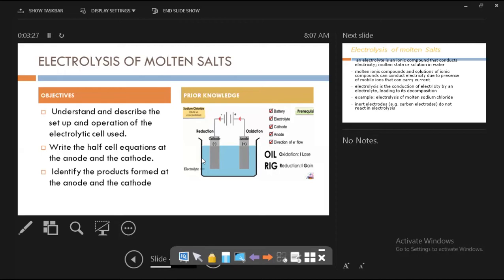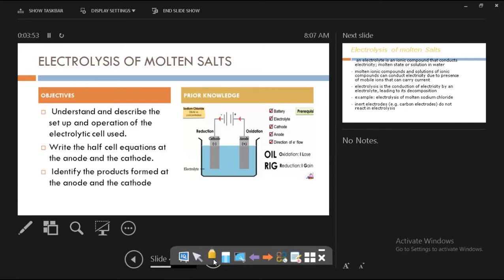So here we are trying to see how salts will conduct electricity in the molten state. But before we look at that, let us look at the setup of the cell that is used in the electrolysis of molten salts.